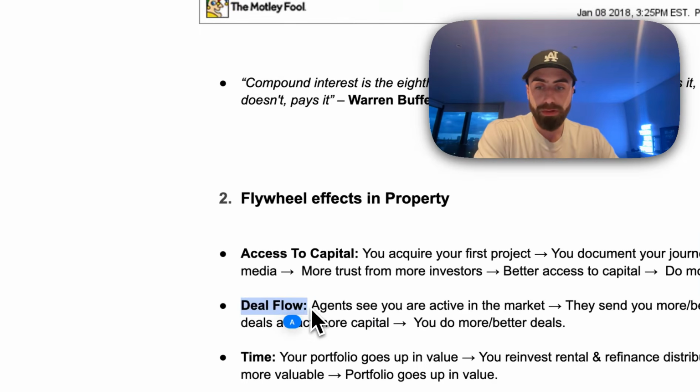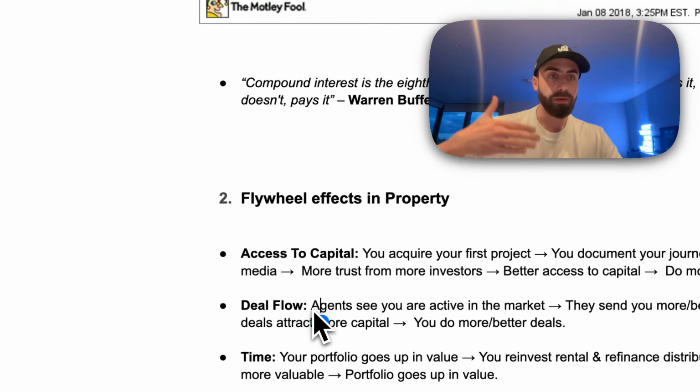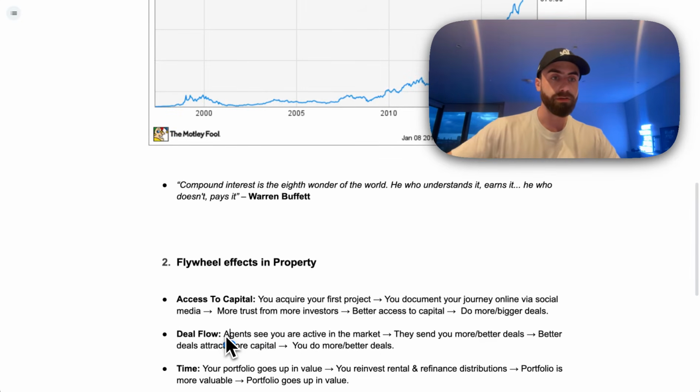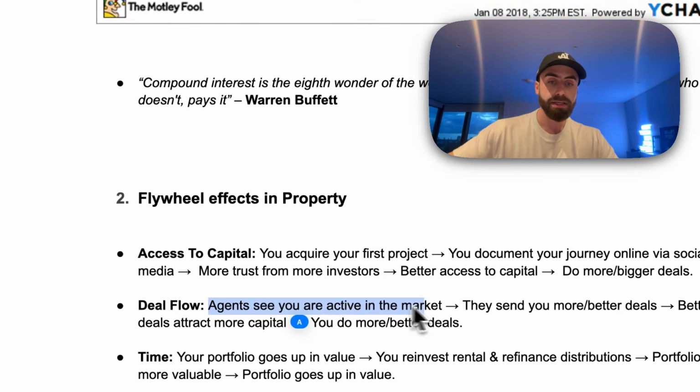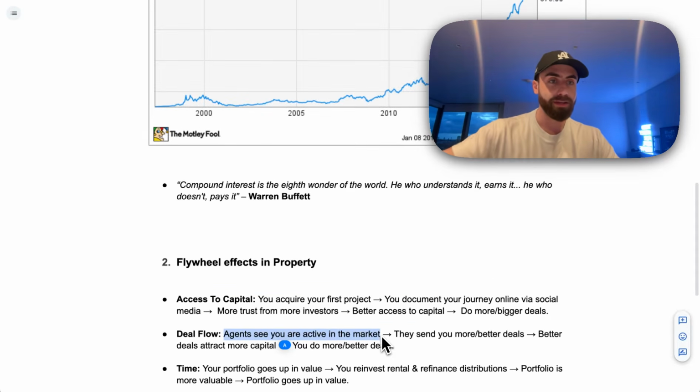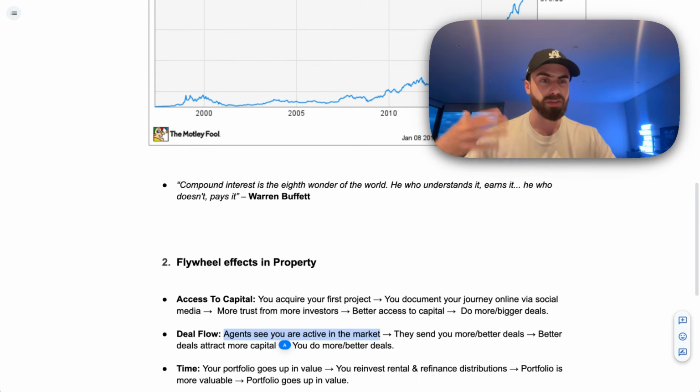This also happens with deal flow, so access to deals. When you are active in the market and you do maybe your first project, all of these agents that you've gone and viewed other potential opportunities with, they now see that you're active in the market. You're actually performing on the offers that you've made, and you are a hot buyer, which is language that estate agents use to describe buyers that are actually actively buying.